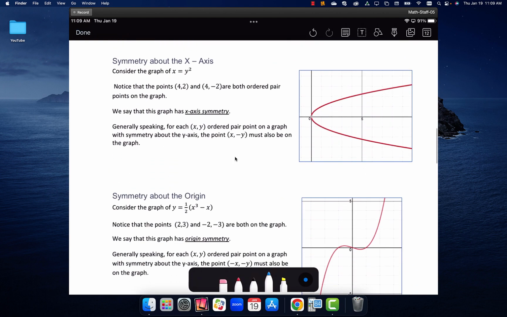For symmetry about the x-axis, consider the graph x equals y squared. Note that 4, 2 is on the graph, so the coordinate 4, 2 is on the graph, and also 4, -2 is on the graph.